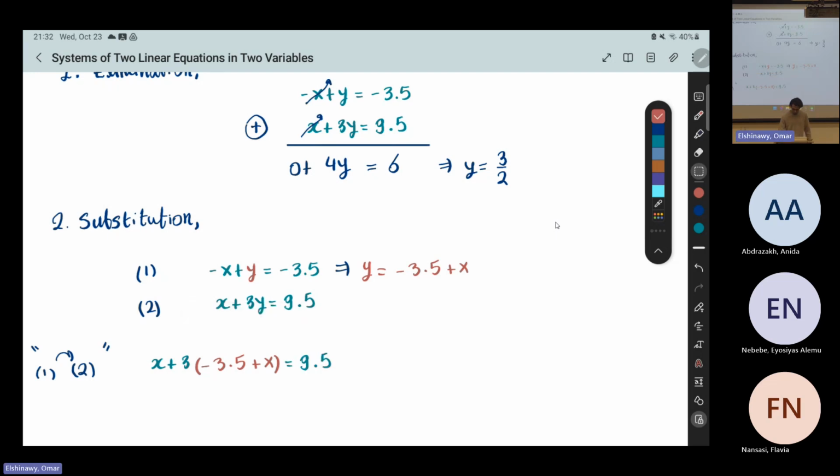So this is an equation in one variable. It's only one variable x, and it's only one equation. So we've reduced our system from two equations to one equation. You can, of course, feel free to expand this and solve it.